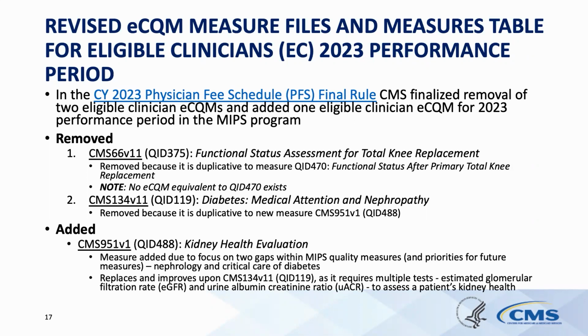Furthermore, CMS 951 version 1 replaces and improves upon CMS 134 version 11, as it requires utilizing multiple tests to assess a patient's kidney health, specifically estimated glomerular filtration rate and urine albumin creatinine ratio.